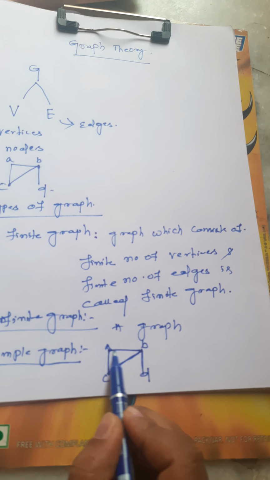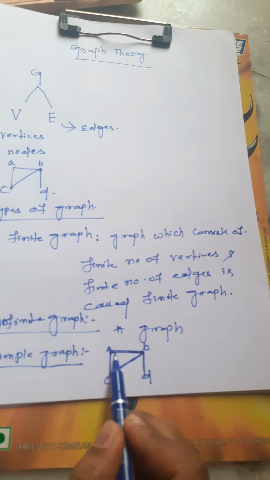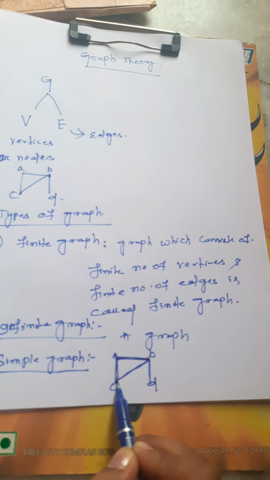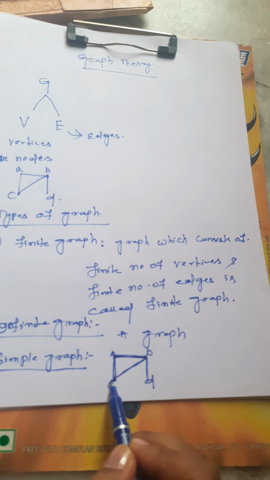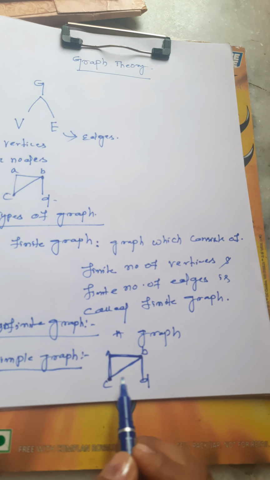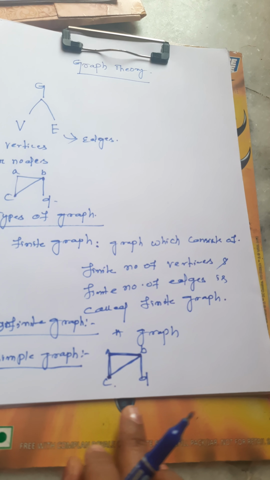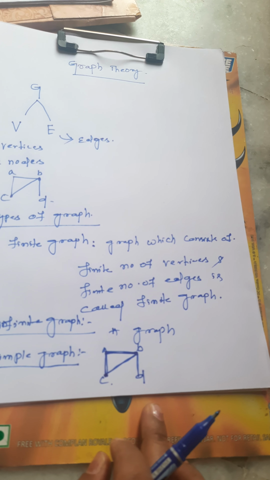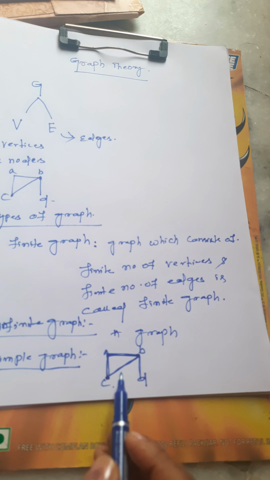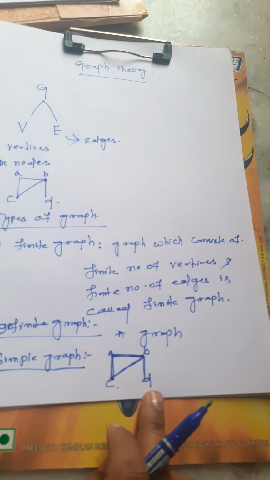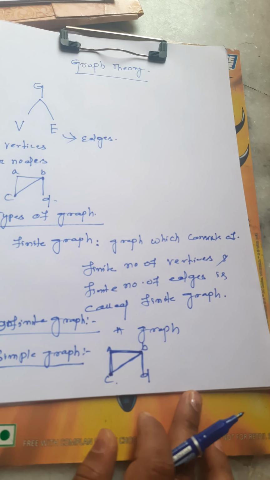Suppose AB is an edge. It contains 2 vertices. AC is an edge. It also contains 2 vertices. So, by the definition, a graph in which each edge connects different vertices and where no two edges connect the same pair of vertices is called a simple graph.